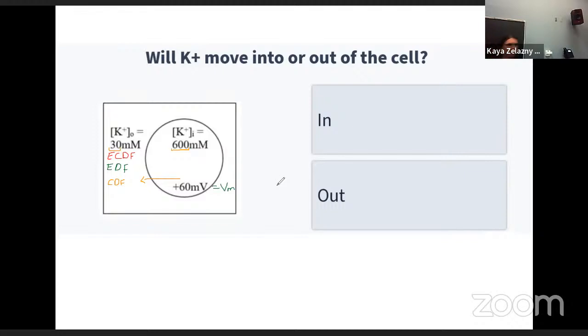Yeah, it's the same setup as with the sodium. Positive repels positive, so it also points out. In this case, neither of these forces are pointing in, so we know that the ECDF has to point out. That potassium is going to move out of the cell.